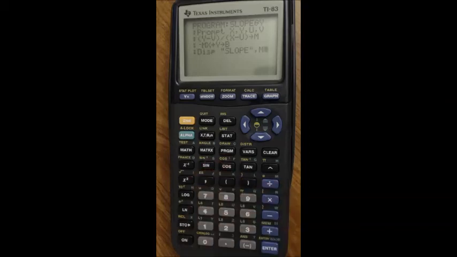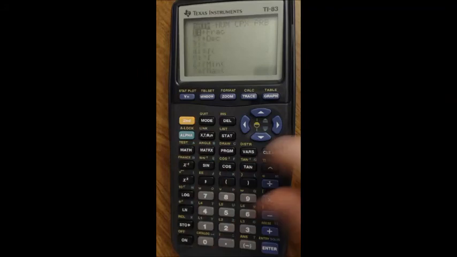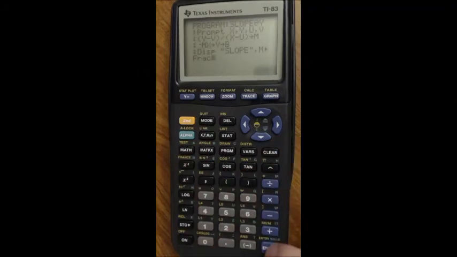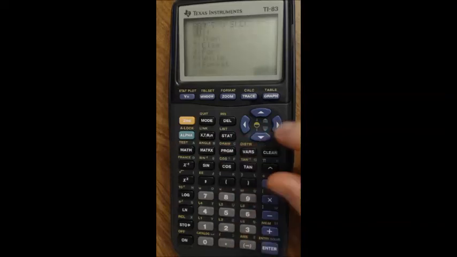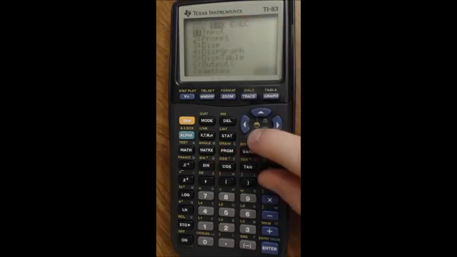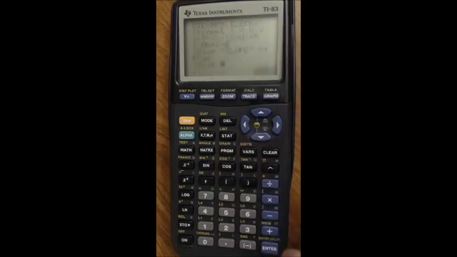And then we want this as a fraction, because a lot of times the answers are in fractions. So let's press math, press fraction, and then when it calculates it, it'll show us the answer in fraction form. Press enter.